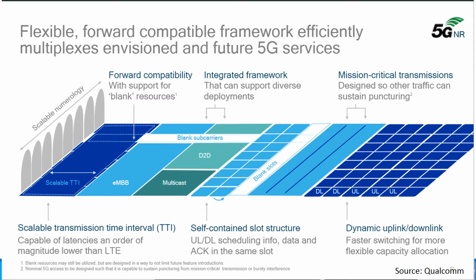You have carriers for multicast, you have device to device, you have some blank subcarriers and blank slots which will be used in future, probably when massive machine type communication services are defined. Then you also have some transmission designed for the ultra reliable low latency communications, the URLLC. So you can mix and match all different kinds of subcarriers and the frame subcarrier size to be transmitted in the same network in the air interface.